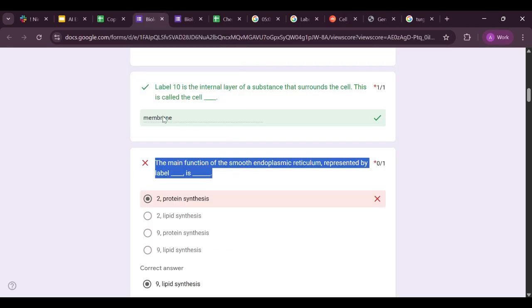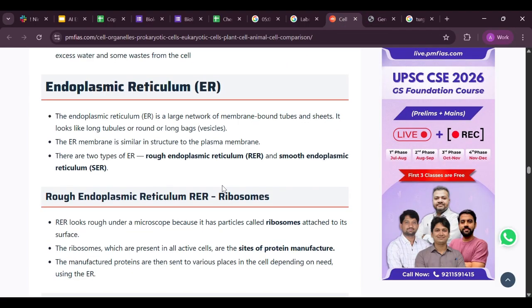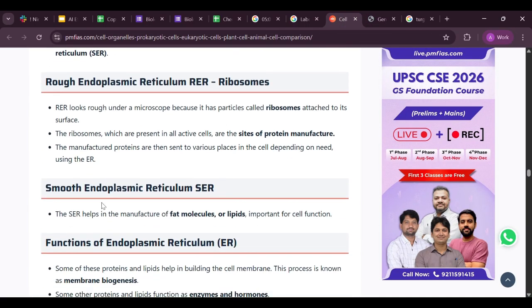So the question is about the smooth endoplasmic reticulum. So we can see here it is smooth. The SER helps in the manufacture of fat molecules or lipids important for cell function.